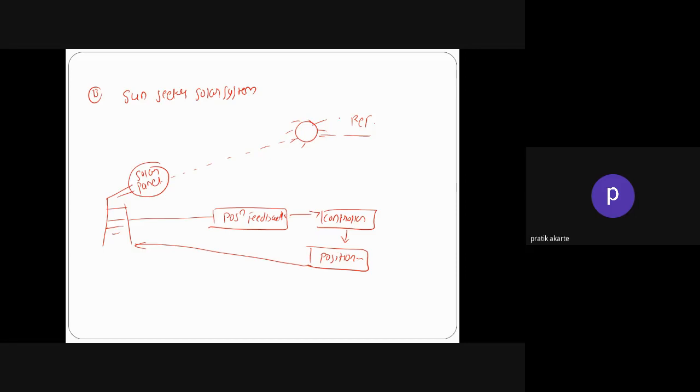As the sun changes its position, that feedback is given to the controller by some position sensor. The controller takes the necessary action, and the position of the solar panel is then changed according to the position of the sun to get the maximum output from the panel, so that the maximum energy from the sun can be utilized. That is what we call a feedback control system.